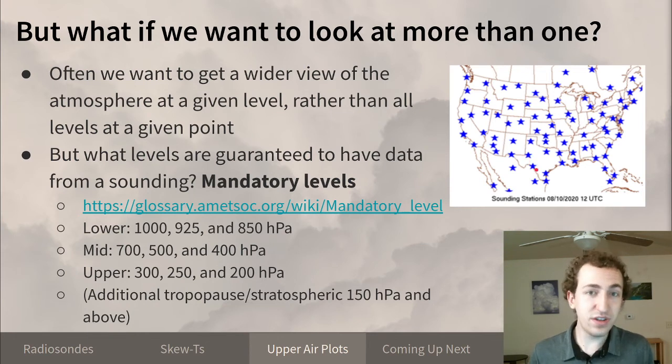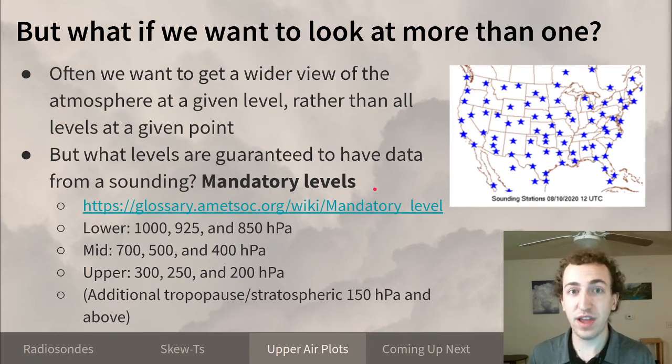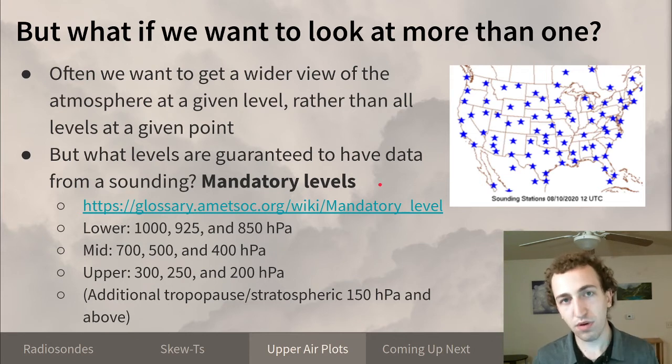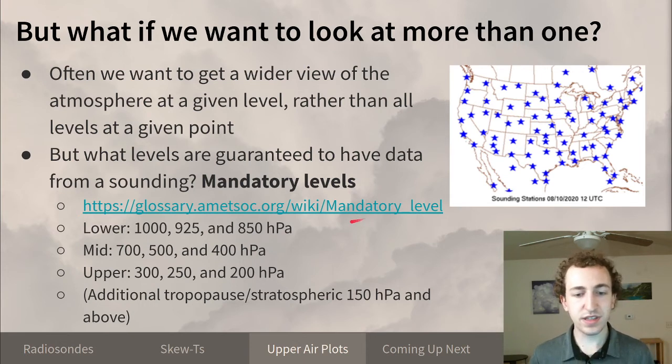And we only can do that without interpolation or weird business because there's something called mandatory levels, that these instruments are always going to report values at these particular required levels. You can look at this link from the AMS glossary to sort of see a little more description of what these are, but I have a summary of the ones that are most relevant here.